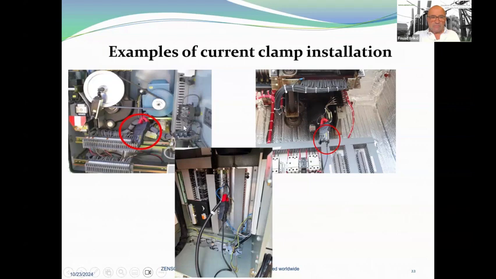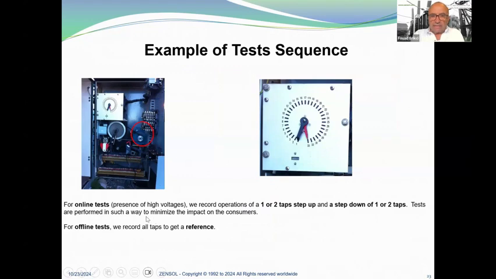Examples of current clamp installation. For online tests, we record operations of 1 or 2 taps, step up and step down, and tests are performed in such a way to minimize the impact on the customers. And for offline tests, we record all taps to get a reference.